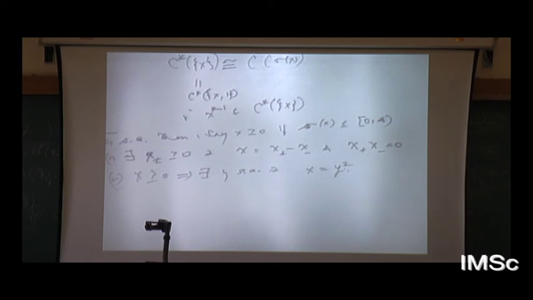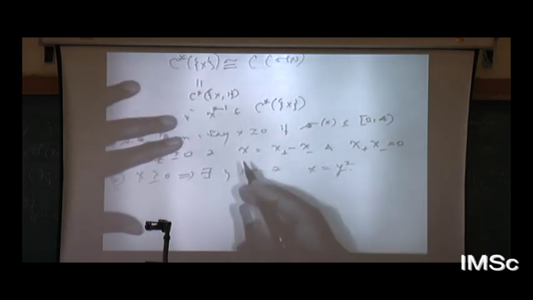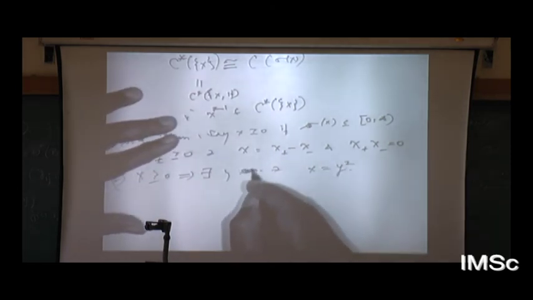So to say it is positive means that it maps sigma to positive numbers. That means it is a positive valued function on the domain, in which case you can certainly write it as a square of a real function. In fact, you can not only choose a real function, you can choose even a positive function.